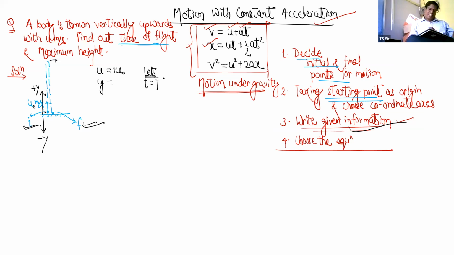So at time of flight t, what is the final position? What is y at the final position, at the final time? Final position is 0. This is the initial position, this is the final position, so 0.